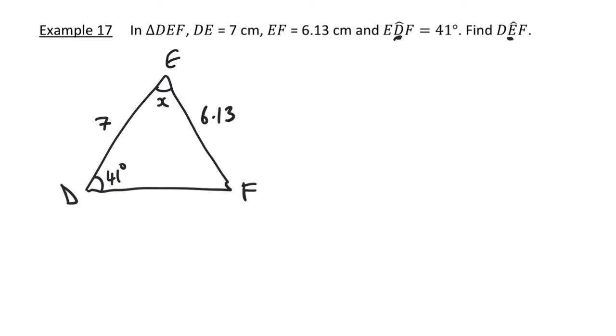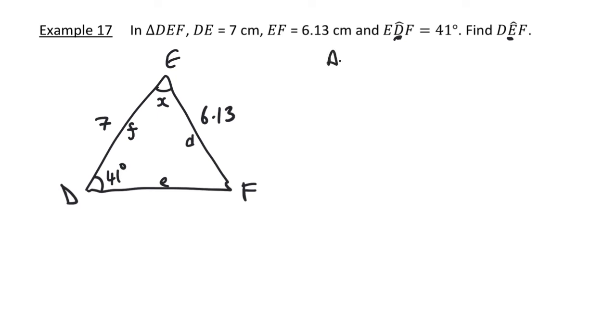What we need to do at this point is label the sides small d, small e and small f. So small d is the side opposite angle D, small e is opposite angle E, and small f is opposite angle F.